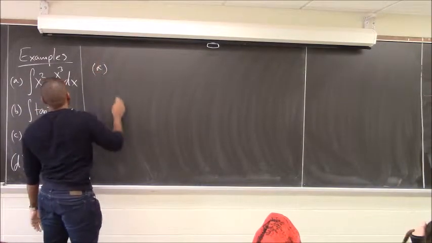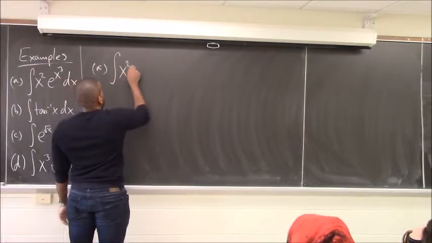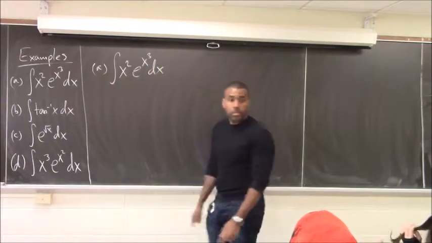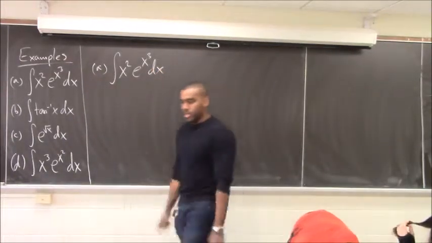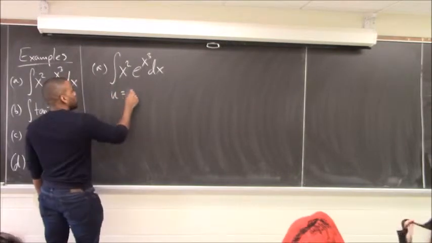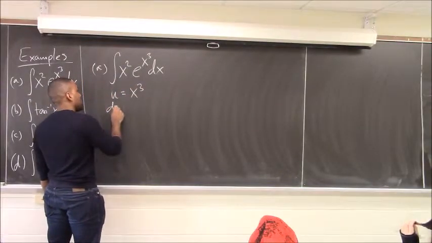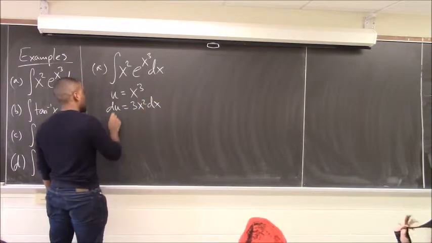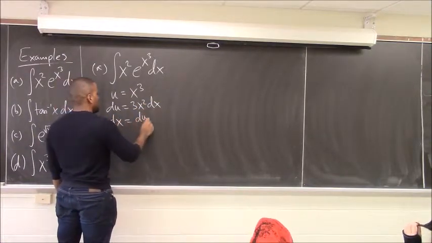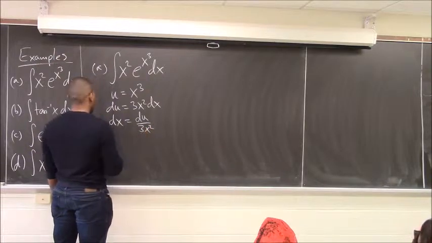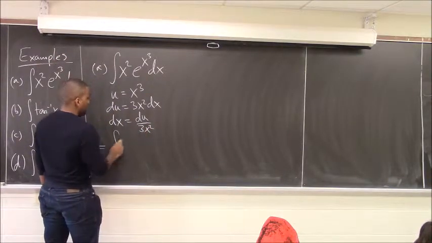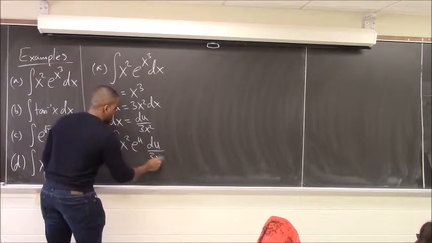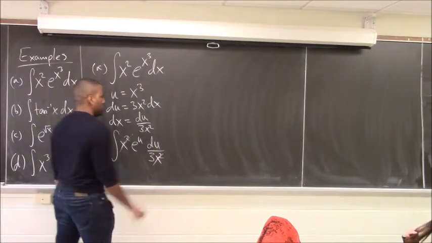Again, A. How would you do A? Yeah? Regular substitution. U equals x cubed. du would be 3x squared dx. dx would be du over 3x squared. We plug these in. X squares cancel.